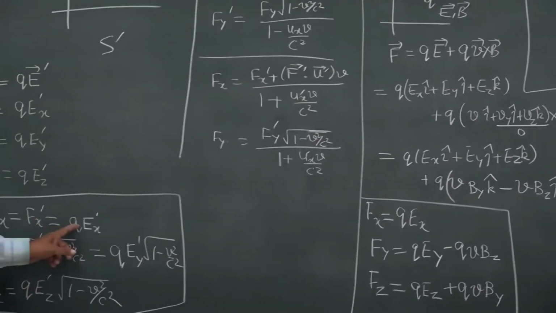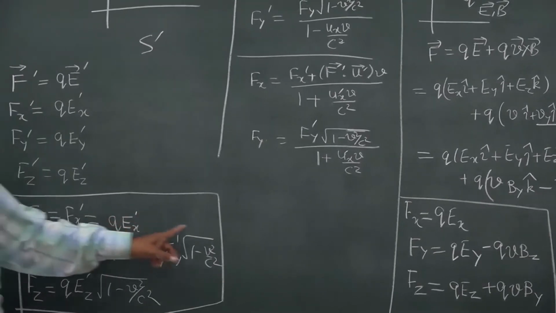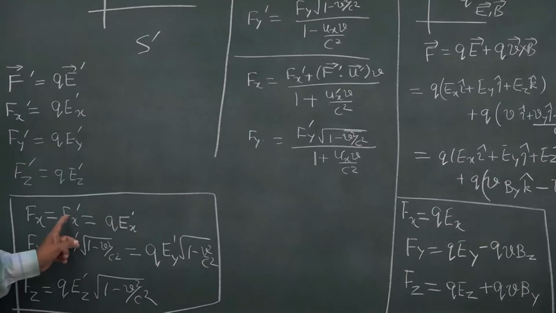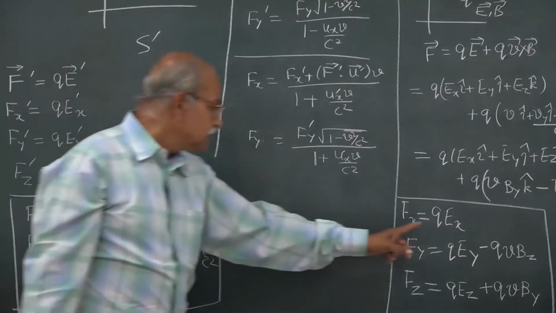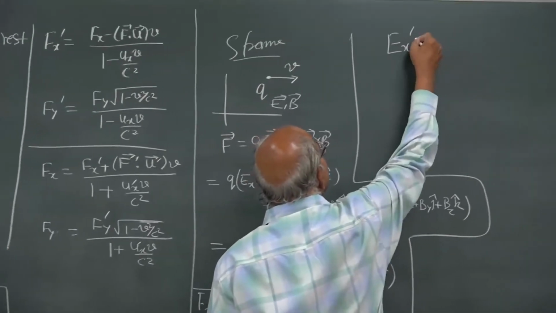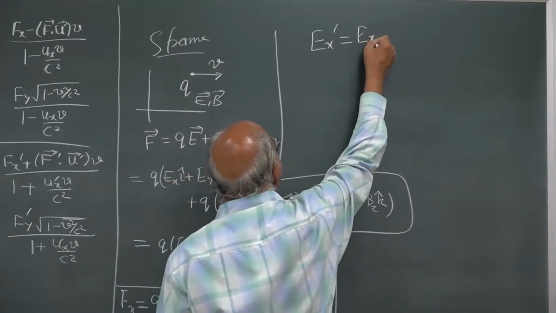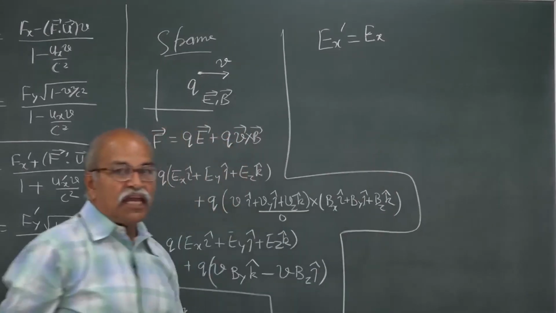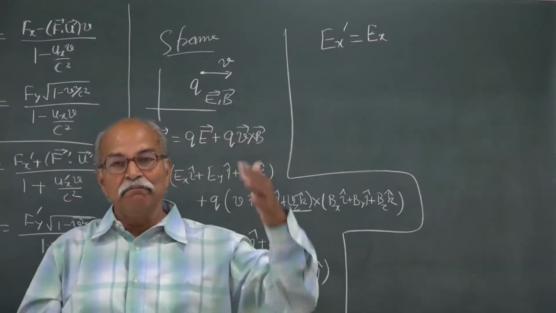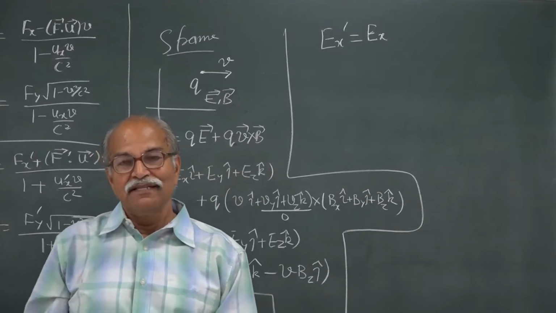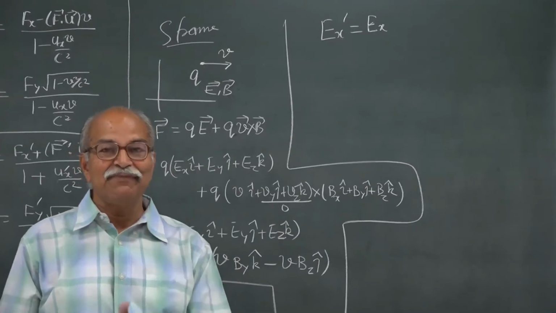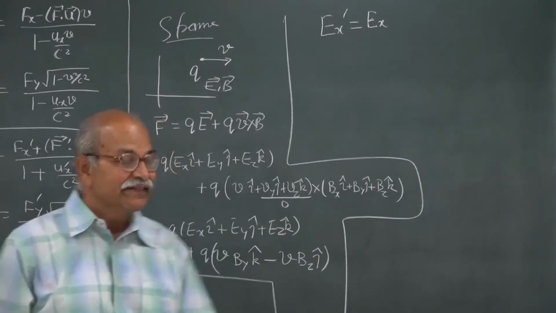Fx is q times Ex prime, and here Fx is q times Ex. So, it tells me that Ex prime is equal to Ex. If you change frame, the component of electric field in the direction of the frame motion does not change.